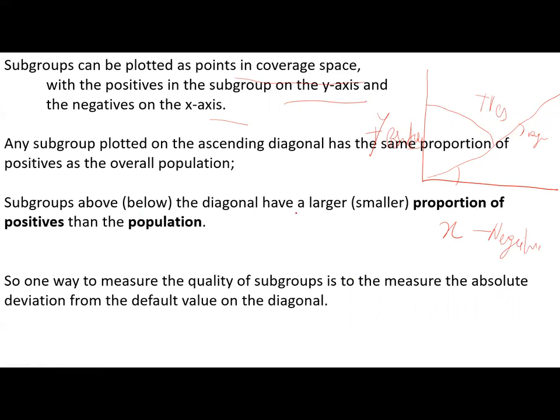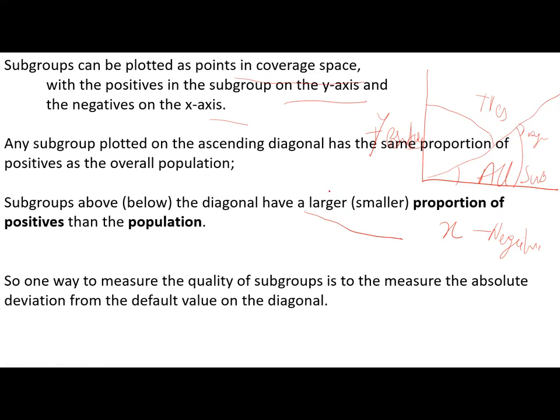Subgroups below the diagonal have a larger proportion of negatives than the population.